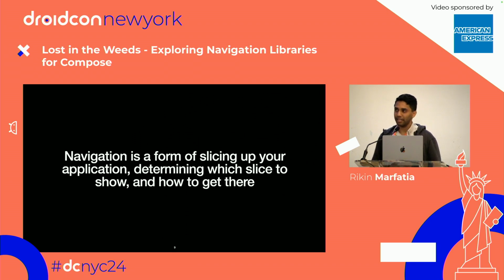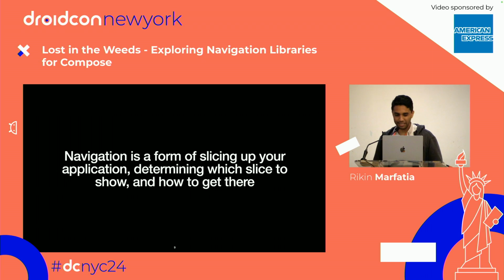So before we get started, this is the working definition that I have for navigation. I like to come up with my own definition to figure out what navigation feels like to me. It's still a bit of a work in progress, but what I came up with is that navigation is a form of slicing up your application and determining which slice to show and how to get there.